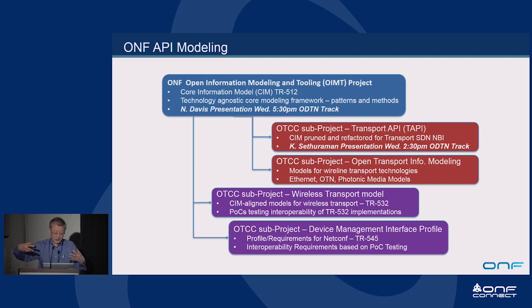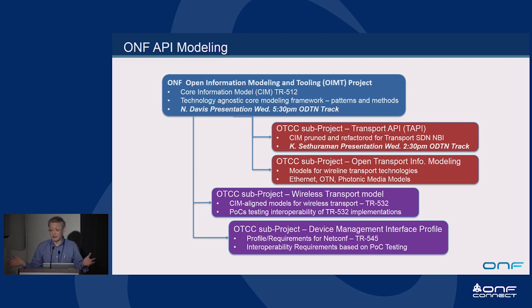It's intended to be something that can be applied to a lot of different technologies, but to be a unifying model across them. And Nigel Davis, who's a co-chair of that project, is going to be giving a more detailed talk about that at 5:30 tomorrow afternoon as part of the ODTN track.